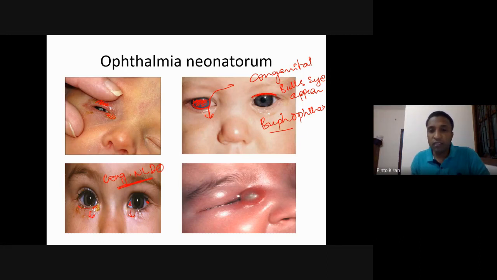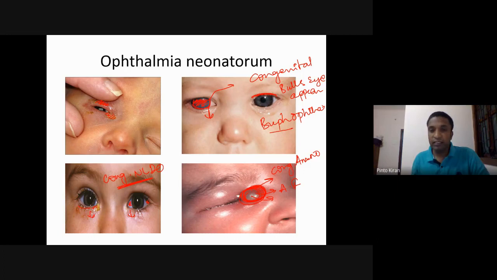Then you have something known as congenital amniocele or acute congenital dacryocystitis, because inside there will be amniotic fluid. Once it gets inflamed, especially within the lacrimal sac, that will produce infection known as congenital acute dacryocystitis.